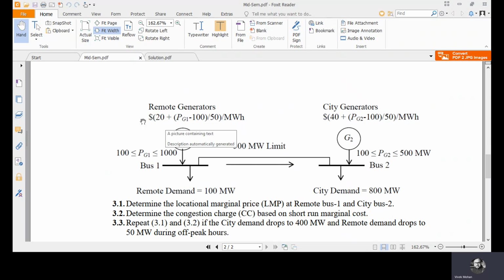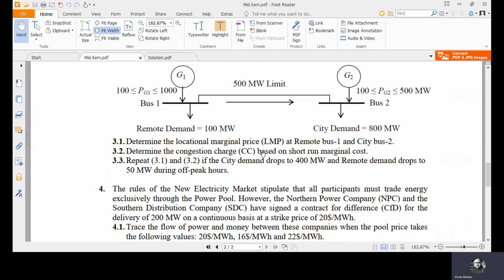Incremental cost at the remote bus is $20 plus (PG1 minus 100) divided by 50, where PG1 is the power generated by generator 1, and at the city generator site the incremental cost is $40 plus (PG2 minus 100) divided by 50, where PG2 is the generation from generator G2.